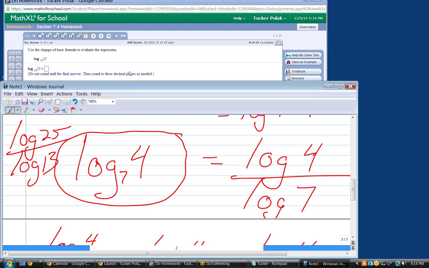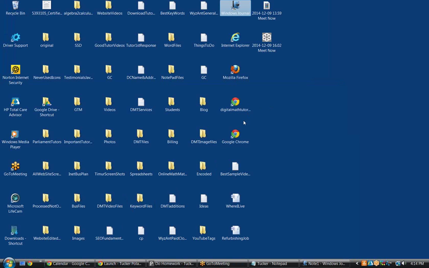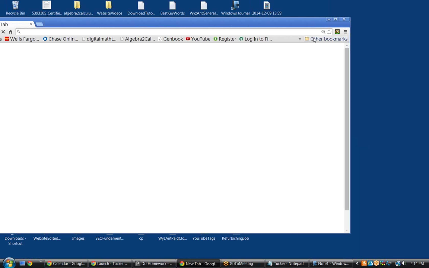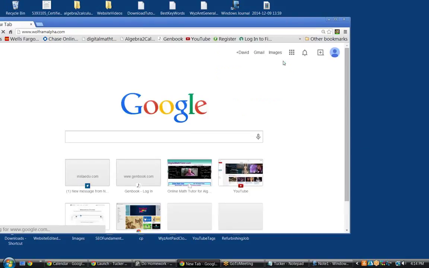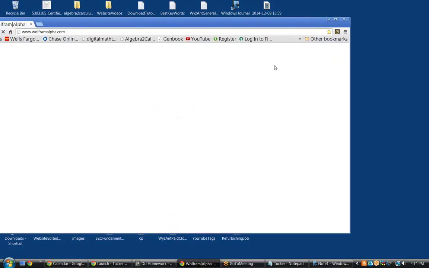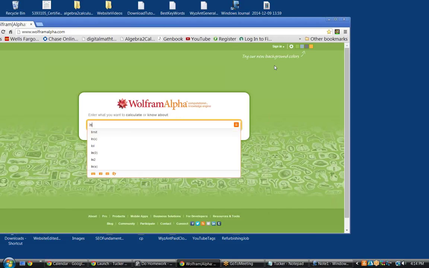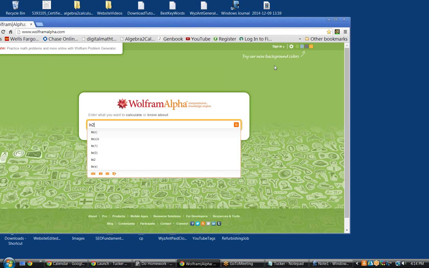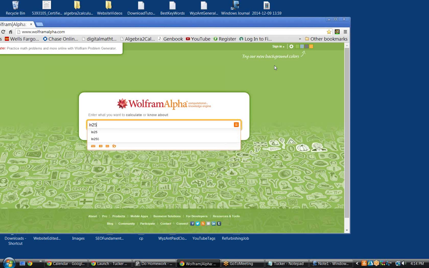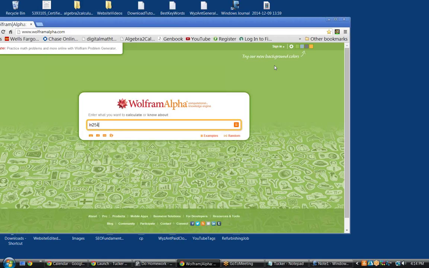No, it says round it to 3 decimal places, so let me pull that up, and you can do it on your calculator if you want, or I'll do it on Wolfram Alpha here. Log of 25 divided by the log of 13.